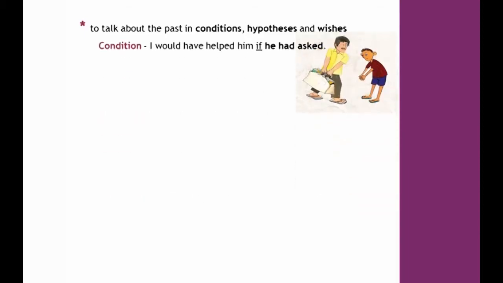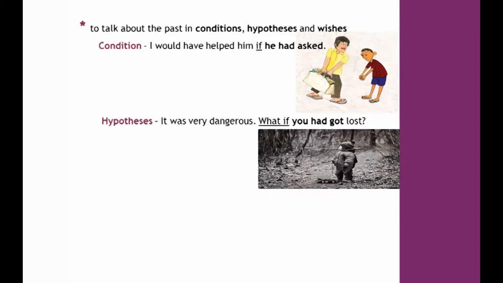Another usage is to talk about the past in conditions, hypotheses, and wishes. Let us have the example for condition: I would have helped him if, the word if for condition, he had asked. For the hypothesis, the phrase what if signifies hypothesis.